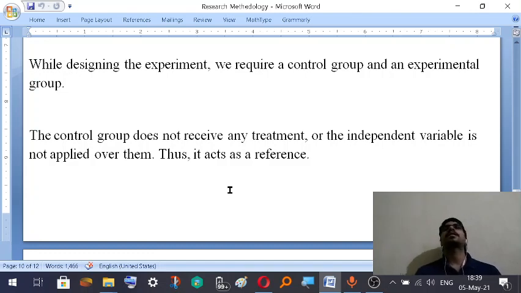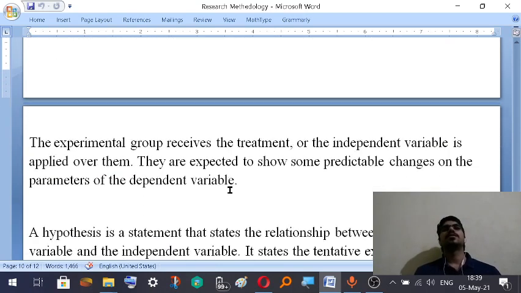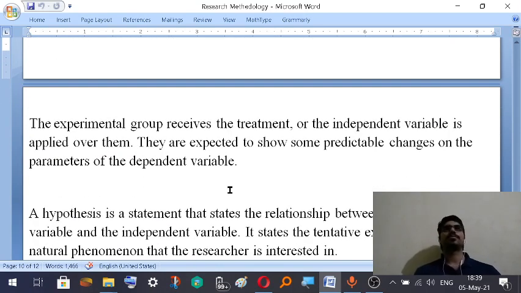That's why it acts as a reference. However, in experimental group, we give treatment to the experimental group, or in other words, independent variable is applied over them, and we expect them to show some predictable changes on the parameter of dependent variable.